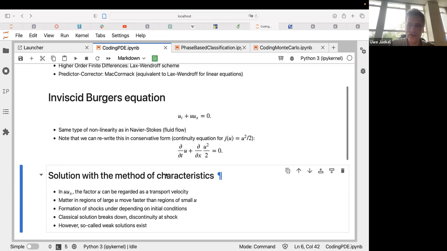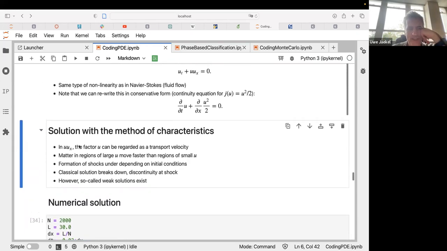So we assume that our flows are traveling from left to right. If u is negative, these solutions are perfectly possible as well. Then the flow is moving from right to left, and we have to take this into account. I want to simplify it a little bit. Therefore, let's assume that u is a positive function.